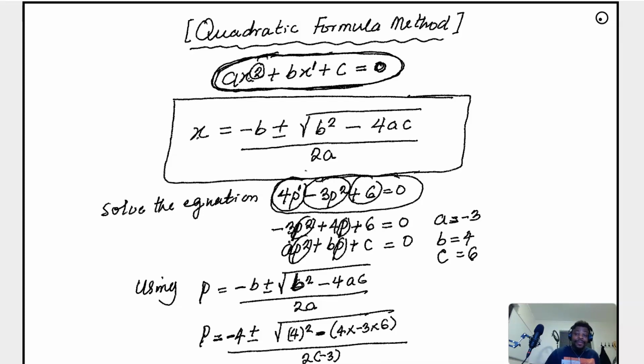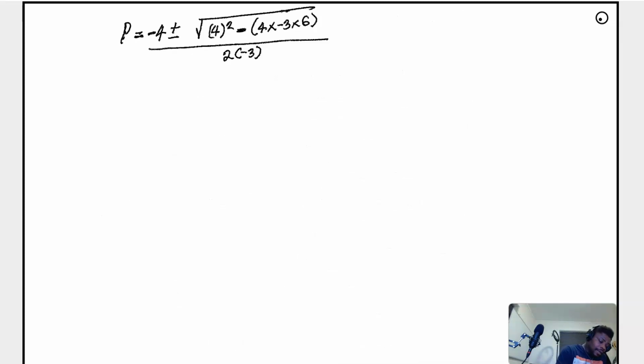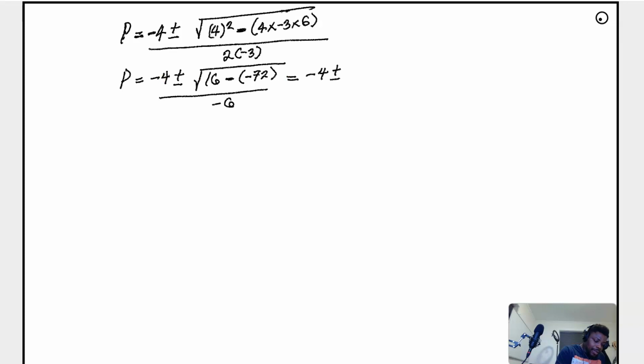Now, the next thing is to just simplify this. So let's do that now. Simplifying this, p is equal to minus 4 plus or minus 4 squared, which is 16, right? Minus 4 times minus 3, minus 12. Minus 12 times 6, that is minus 72, all over 2 times minus 3, that is minus 6. So I have minus 4 plus or minus 16.